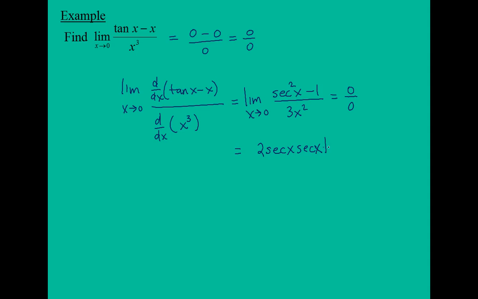That's applying the chain rule. And then derivative of 1 is just going to 0. All divided by 6x. And we're going to take the limit as x approaches 0. And if we use direct substitution again, we get 0 over 0, because the tangent of 0 is 0, so this whole numerator would go to 0.